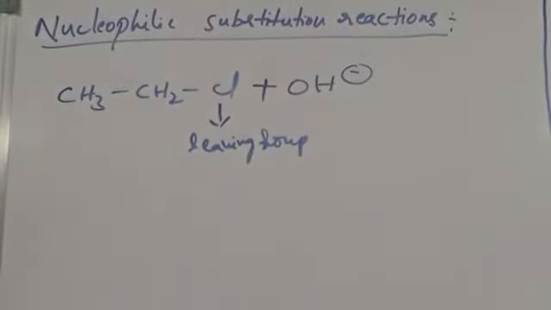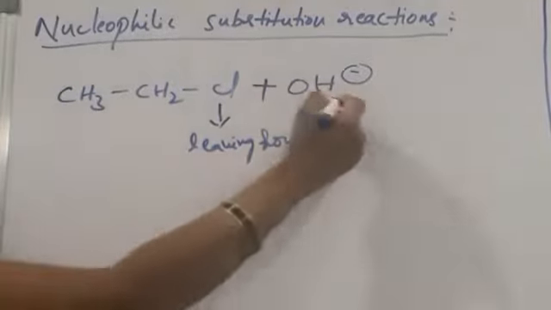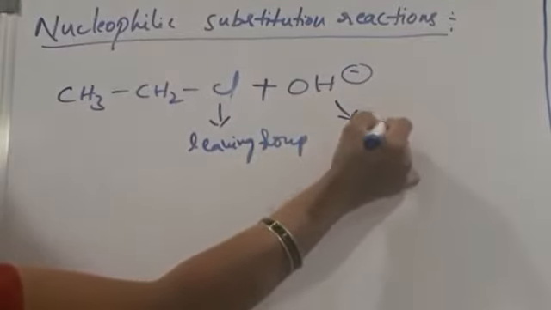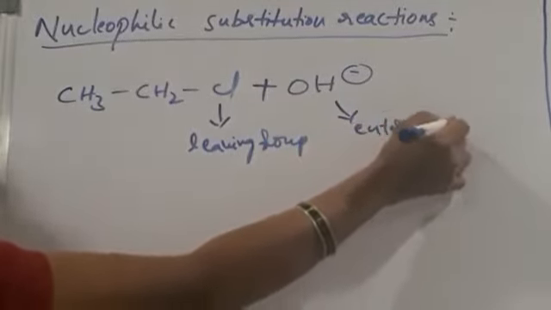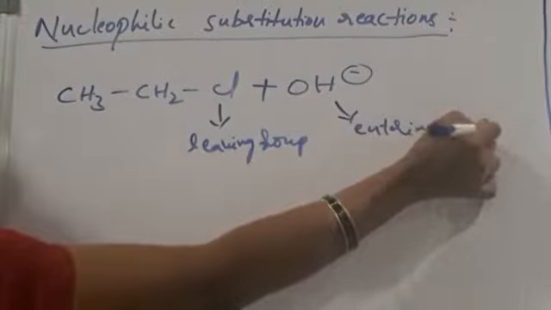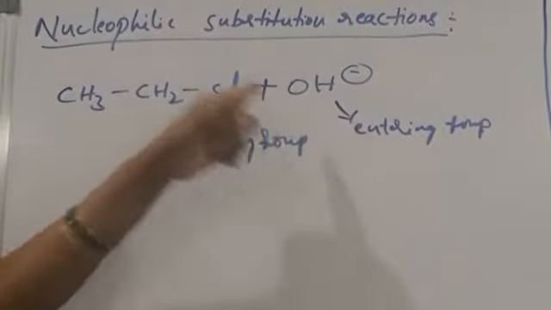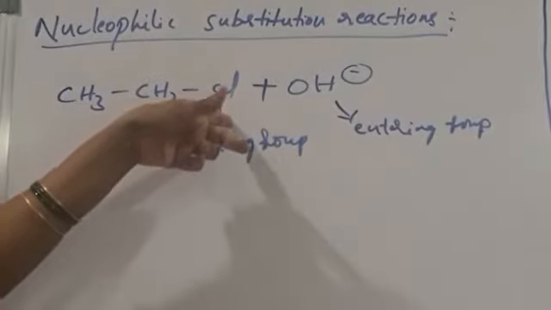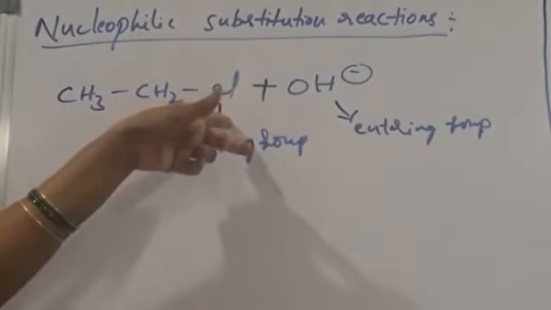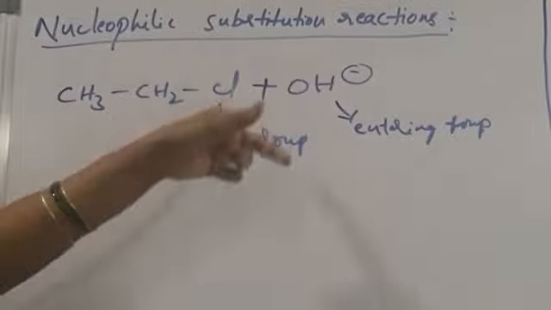Okay? And the nucleophile is called entering group. So this is leaving group and this is entering group. Okay? So entering group substitutes the leaving group.